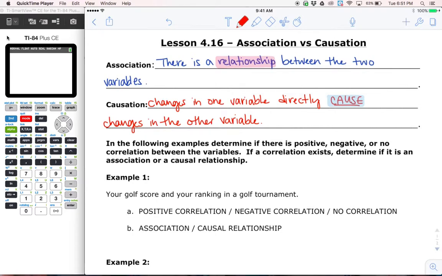But the difference between association and causation is that causation says not only is there a relationship, but one variable directly causes changes in the other variable. So we really have to think about whether or not X causes Y, not just that they usually go together, but that one causes the other. So let's look at some of these examples here.